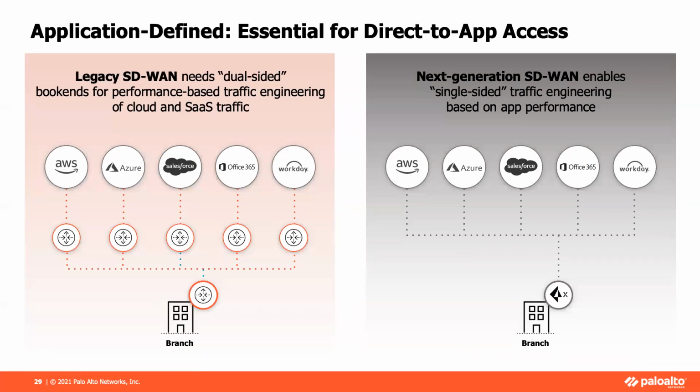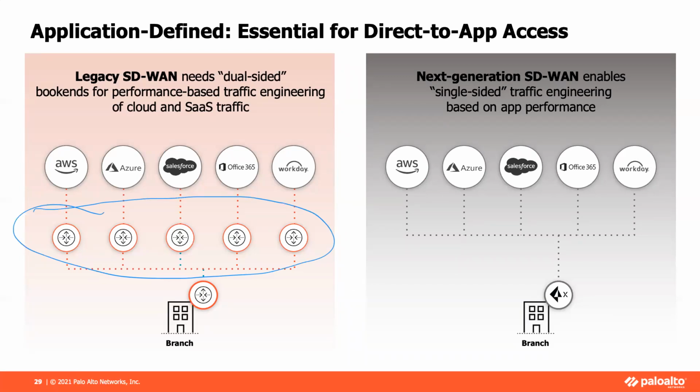The other big advantage of Prisma SD-WAN versus the legacy SD-WAN solutions was that since these old solutions were not application aware, if you needed to measure the performance of, say, Salesforce versus Office 365 versus Workday or whatever, you had to have a separate device.